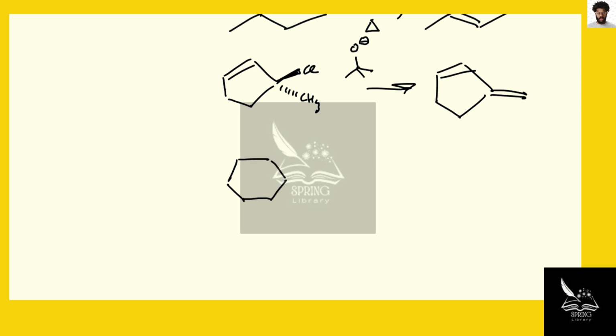Okay, next we've got cyclohexane with an ethyl group on a wedge here and a dash to bromine here. And our reagent is this sodium thiolate, or sodium plus S minus CH3. Recall that sulfur is basically not basic at all, but it is very nucleophilic, especially if we're talking about negatively charged sulfur.